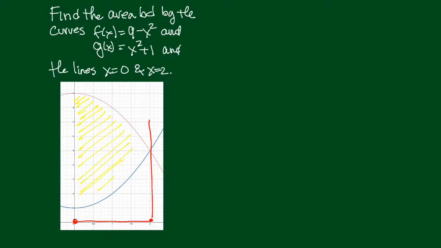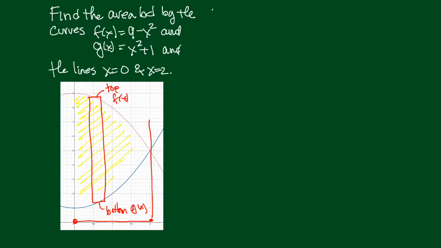I think it's a good idea to draw in a representative rectangle. If we draw in just some rectangle here, we'll get an idea of what we're looking at. The top of the rectangle is f of x, and the bottom is g of x.